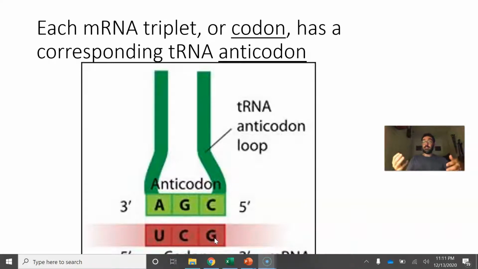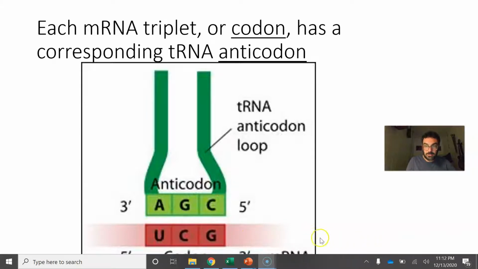Now, what's happening is that while that sequence is locked into the ribosome, the tRNAs are going to be floating around, and only the one with the correct anticodon, or the complementary sequence, is going to be locked into the ribosome to actually connect an amino acid. And that complementary sequence on the tRNA, what we're looking at right here in green, how festive, this is the anticodon, and it's going to be complementary to what's on the mRNA codon.